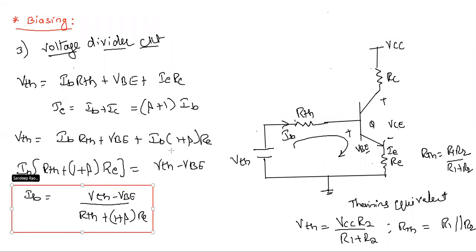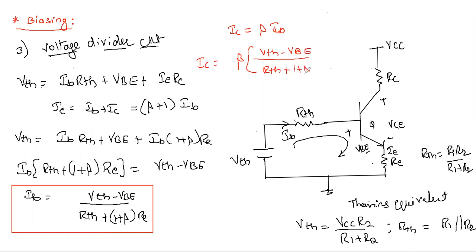We can also write IC is equal to beta times IB. So from this I know the value of IB, so I can write IC is equal to beta into VTH minus VBE divided by RTH plus 1 plus beta into RE.